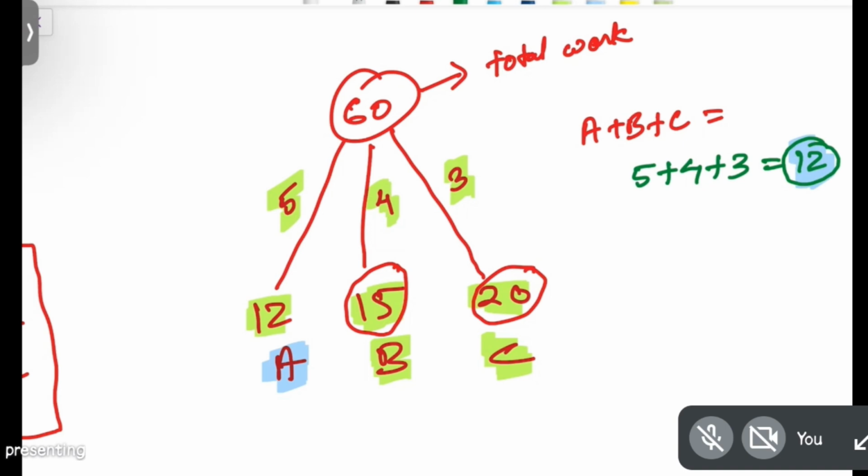We have a total work of 60 to be done, and in a day they can finish 12 pieces of work. So our answer is 5 days.